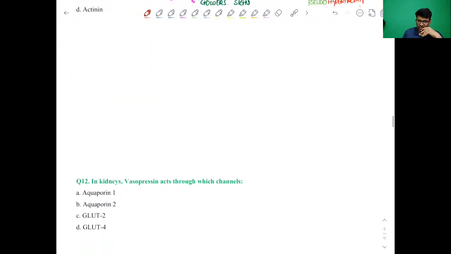The next question: in kidneys, vasopressin acts through which channels? Now, vasopressin, or you can say anti-diuretic hormone, has two different channels and two different actions.